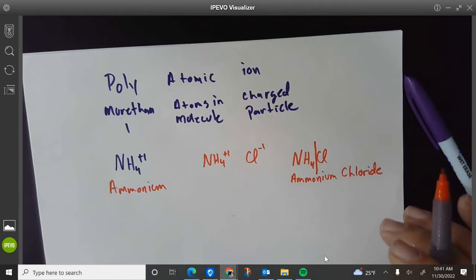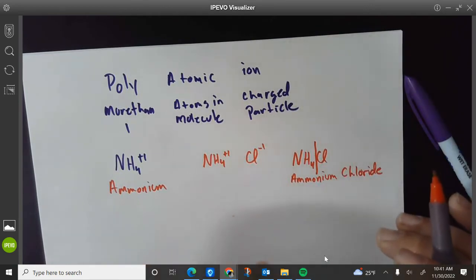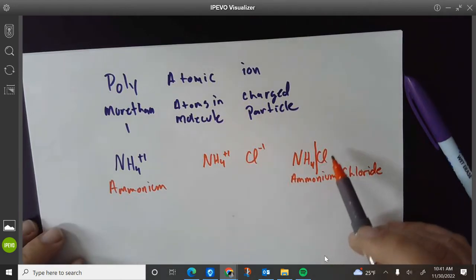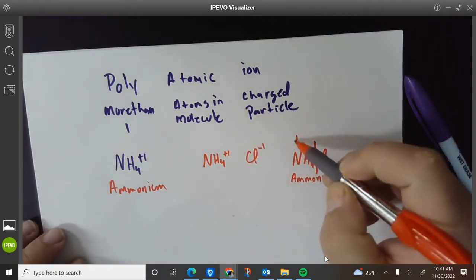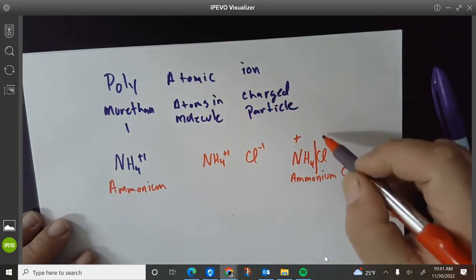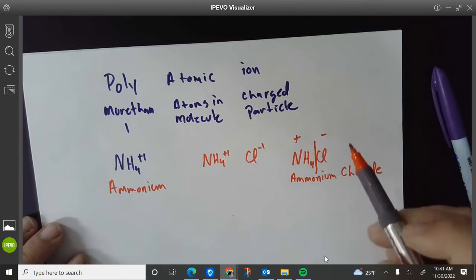Okay? That's going to dictate everything else. If it starts with a metal, I'm going to draw it right after that metal. If it doesn't start with a metal, I'm going to look, does it start with ammonium? If it's one of those two things, it's an ionic compound. Okay? And that means everything to the left of this line is my cation, and everything to the right of this line is my anion.